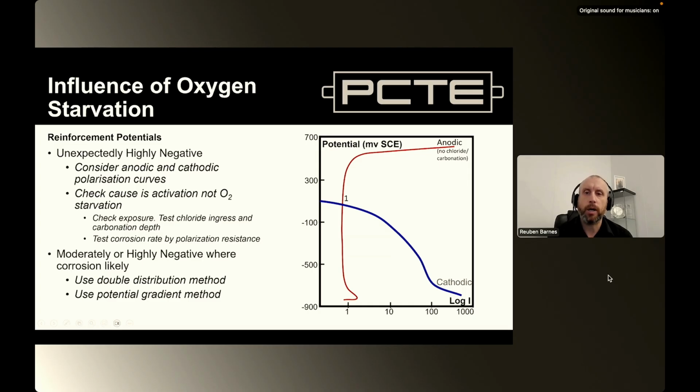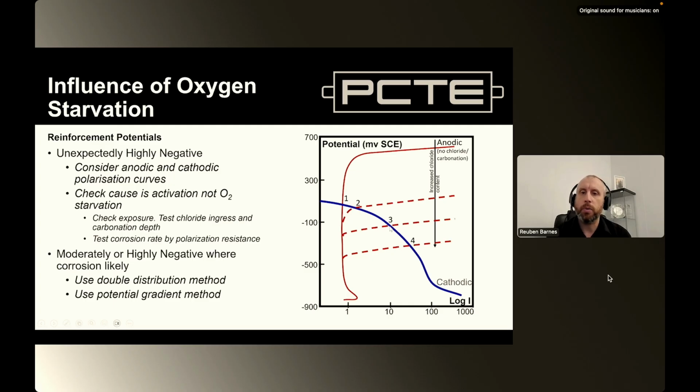The effect of chlorides or carbonation directly affect the anodic reaction. And so what we tend to find is that, say if we added chlorides to the concrete through diffusion, then we would have a shift in this anodic curve. And what you'll see here is that as we increase the content, we get this shift of the curve moving down and down.